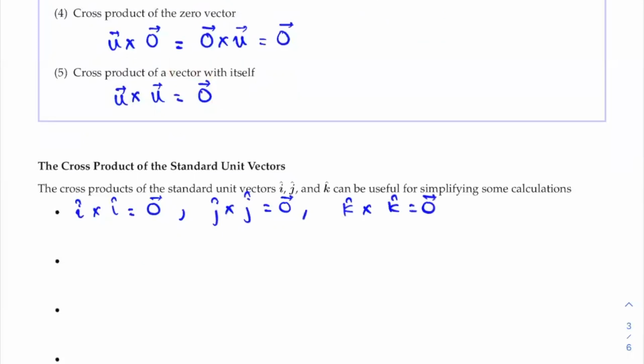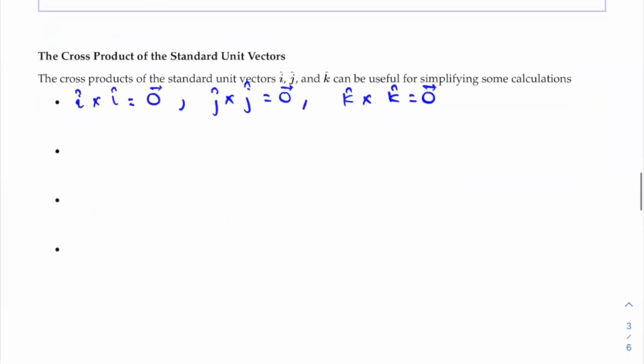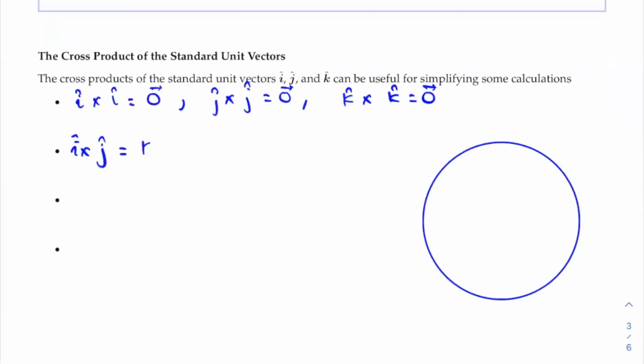Now, there's a relationship between I, J, and K when you perform the cross product, and I'm going to use this particular circle to help us memorize the cross product between I, J, and K. So I hat crosses with J hat is going to be equal to K hat. Let me start with I hat here. This is J hat, and this is K hat.